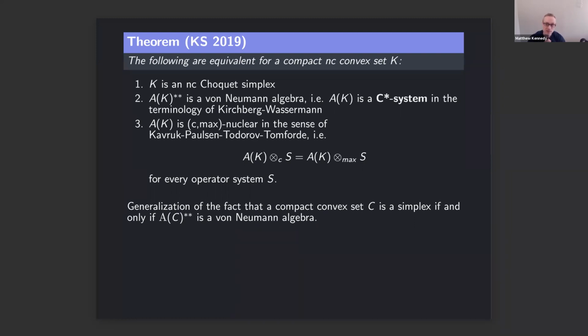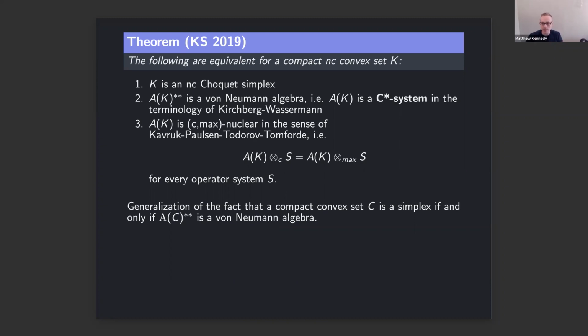Operator systems with this property were considered by Kirchberg and Wassermann, and in particular by Kirchberg in his work on the Carr algebra and exact C-star algebras. They called these C-star systems. There's also a tensor product characterization that uses a deep theory of tensor products of operator systems that is analogous to the tensor theory for operator spaces.